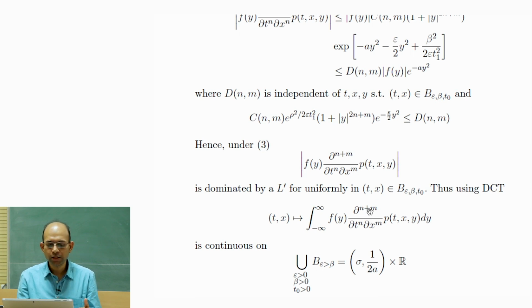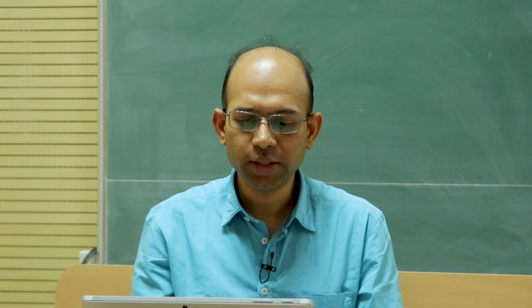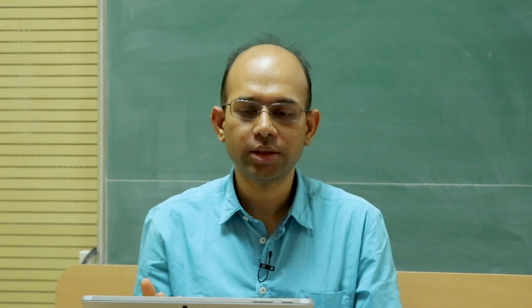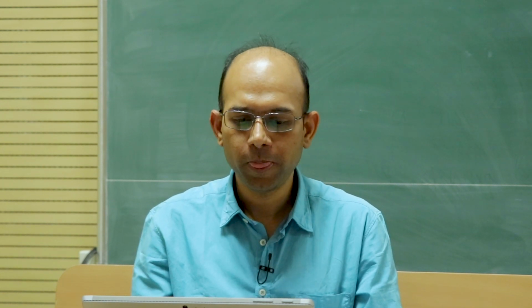You put n equal to 0, m equal to 0, then this is just this, and you get that this is continuous, and then instead of 0 you put 1. Then you show that this is differentiable, and the derivative is also continuous, and then one after another you would proceed. So, this proves that the solution of the heat equation is smooth, it is infinitely differentiable.